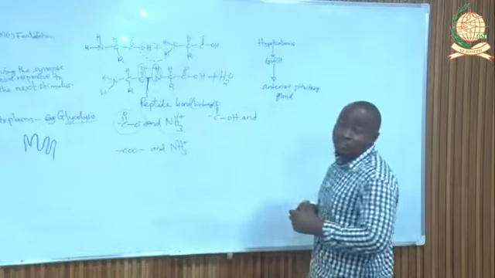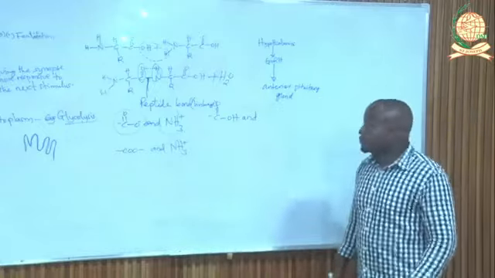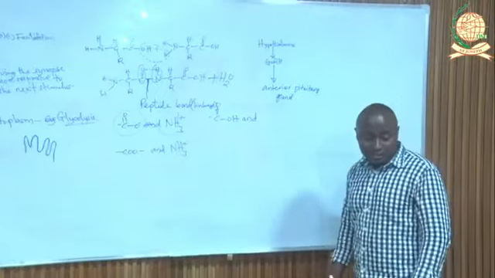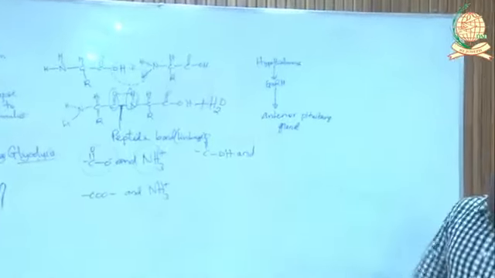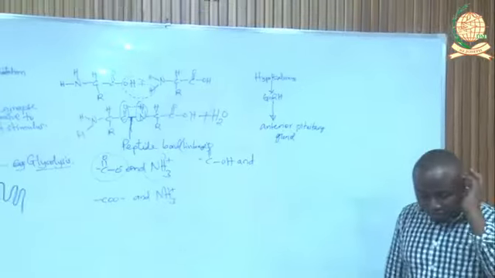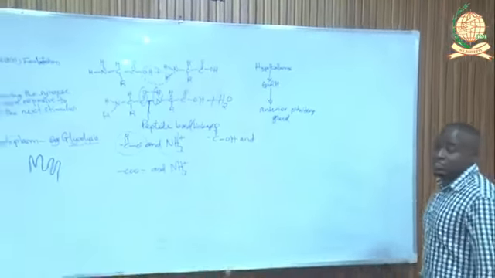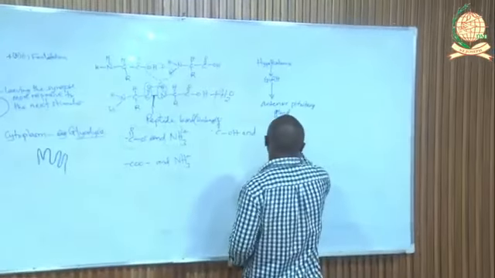The hypothalamus secretes gonadotrophin releasing hormone, which stimulates the anterior pituitary gland to secrete the hormone called FSH, follicle stimulating hormone.